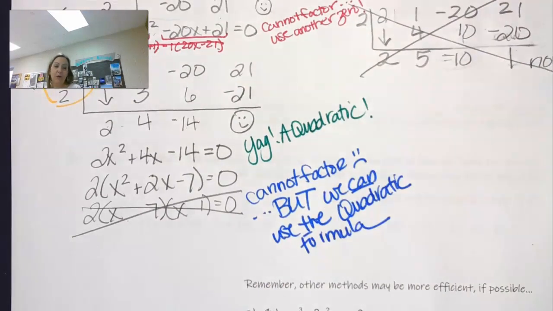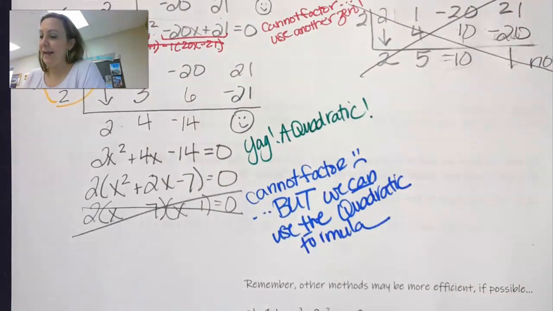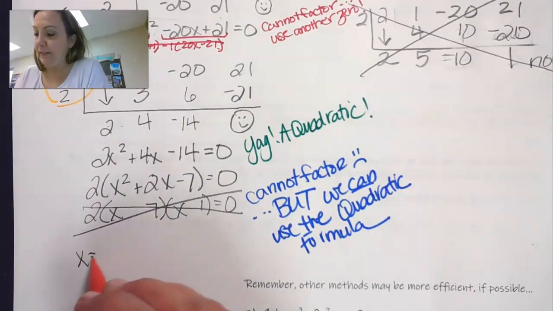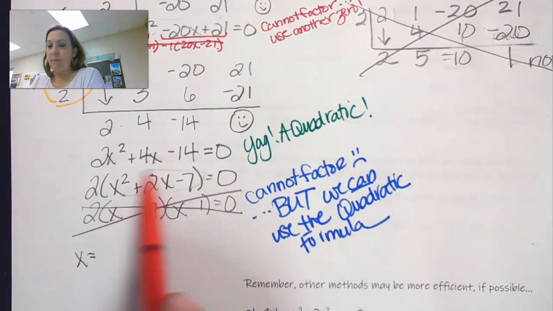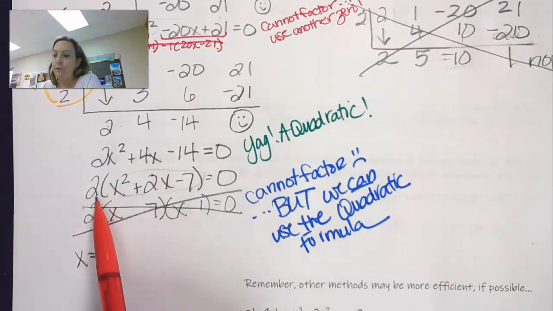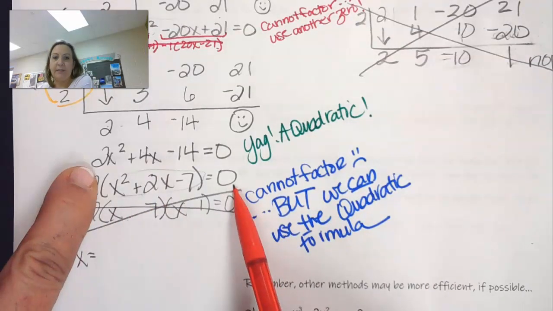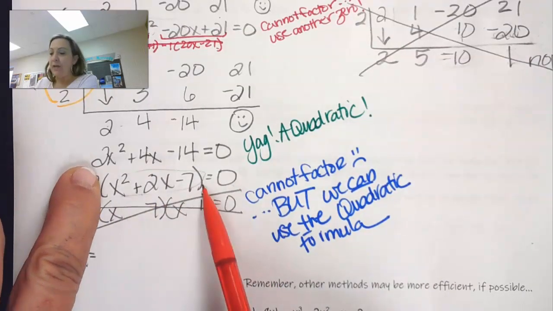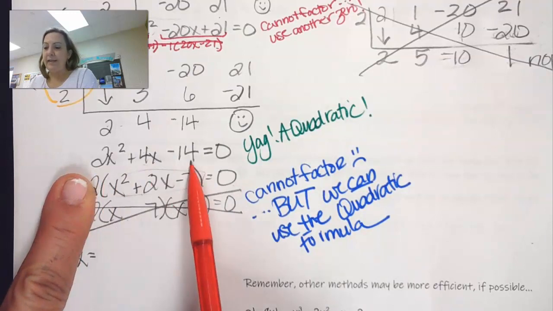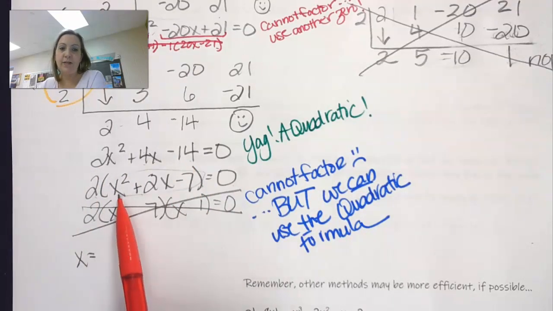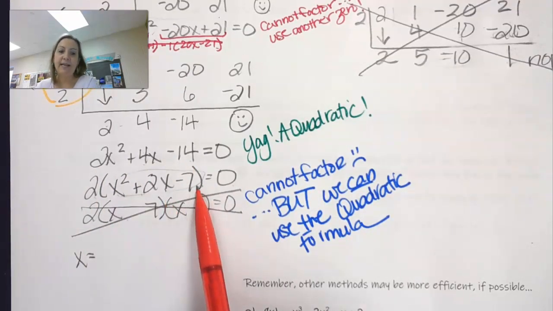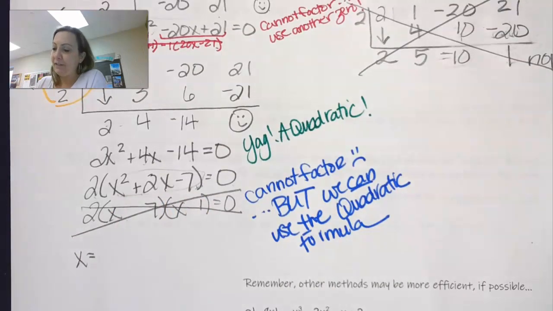Okay? And so the quadratic formula is where we have x equals, and I'm going to use these smaller coefficients instead. The reason that's legal is I could divide both sides by 2, and that would still give me this equals 0. So instead of using 2, 4, and negative 14, I'm going to use 1, 2, and negative 7 as my A, B, and C values.